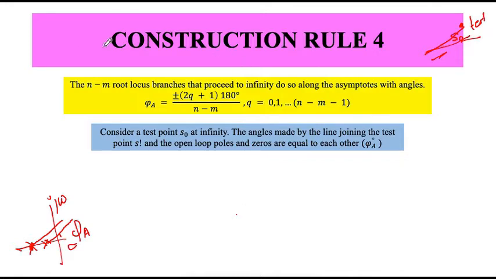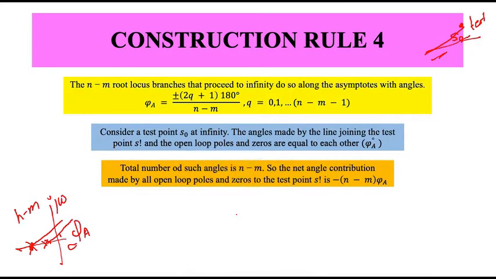So the net angle made by all the open loop poles and zeros to the test point is n minus m times phi a, with a negative sign because we are dealing with poles. Here these are two things, this is phi a, this is phi a, two times that.